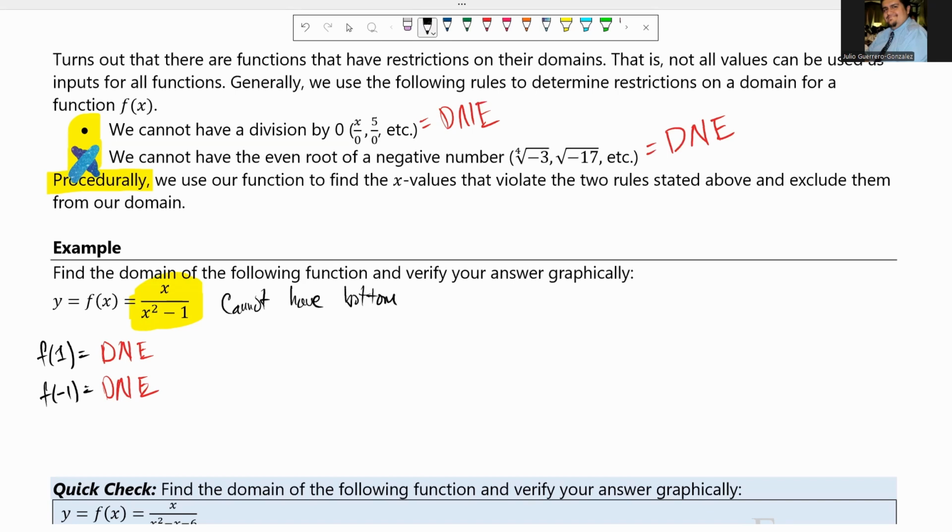The bottom of our fraction, we can't have that equal to 0. So what we're going to do is find out what makes it 0. I know this sounds weird. Those are the values we can't have. We throw those out. Everything else is fair game.